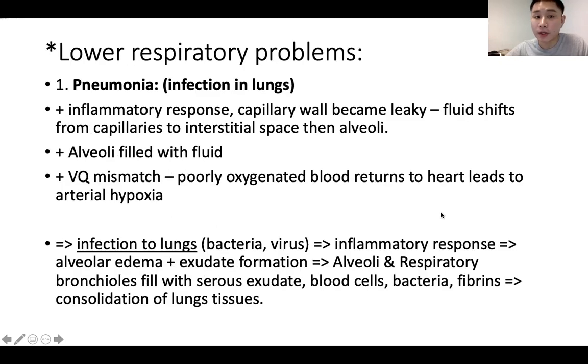Next is pneumonia. Pneumonia is a fancy term for infection in the lungs. Infection is basically the entry of any bacteria into our internal organs. Whenever bacteria or viruses enter our body, they elicit the inflammatory response.